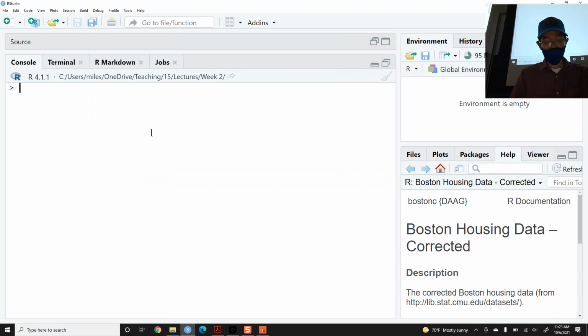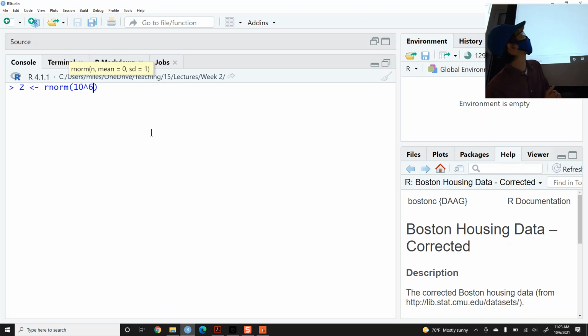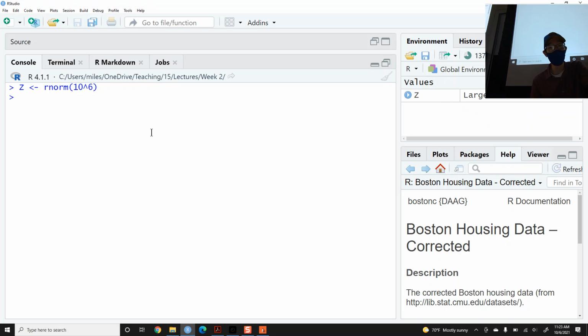Okay, so all I'm going to do is generate some vector z. Let's generate 1,000,000 values from the standard normal distribution. Right now we're just taking for granted the fact that the computer is able to generate random values. Then we can just say, is z less than 0?